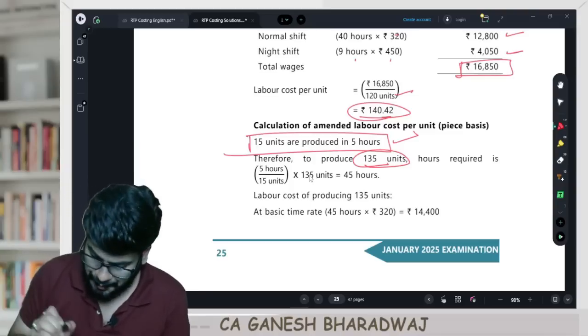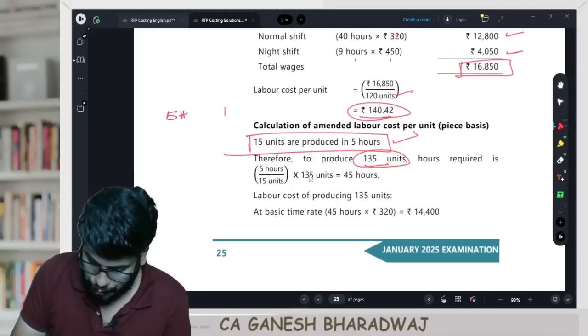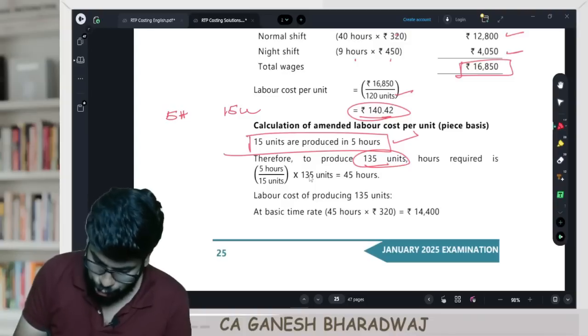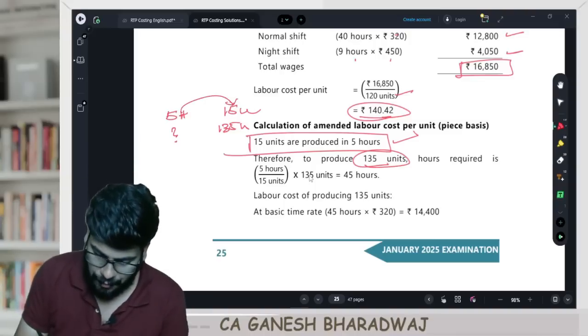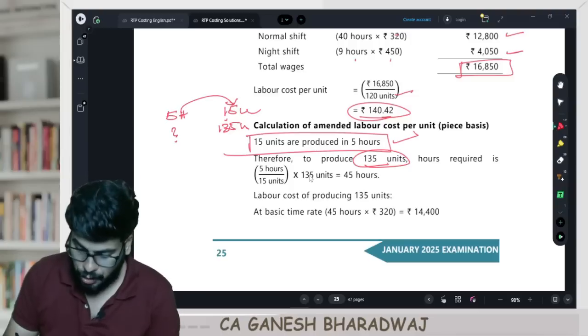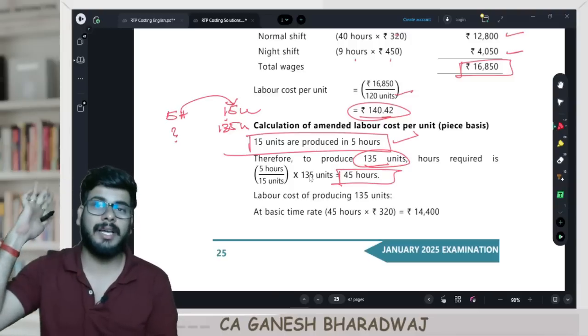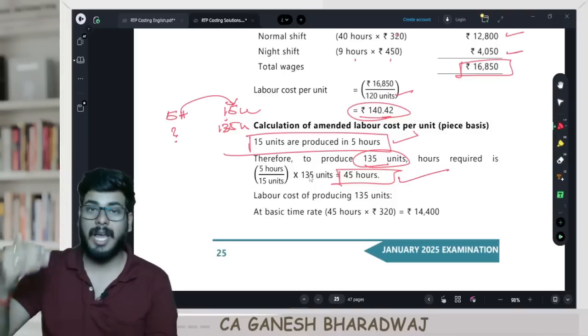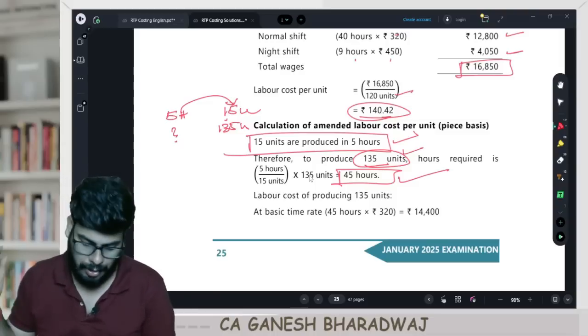It's very simple. It's going to be 5 hours is what you're taking to produce 15 units. To produce 135 units, how much is that going to be? Very simple. It's 5 divided by 15 into 135. So you proportionate it. So basically what is happening? Currently, these guys work for 45 hours and they are able to achieve how much? 135 units. Are you clear with this?